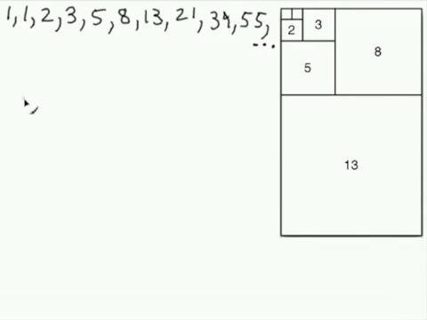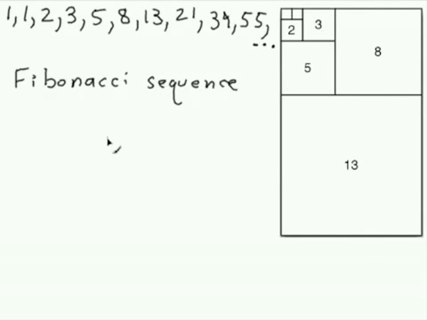So this sequence is called the Fibonacci sequence. And if you're like me, you're probably a little bit curious about where that name comes from. So it turns out that many hundreds of years ago, there was a guy named Boccaccio. He was an Italian guy.